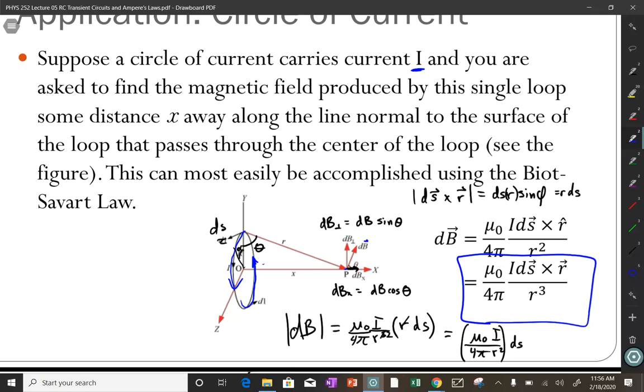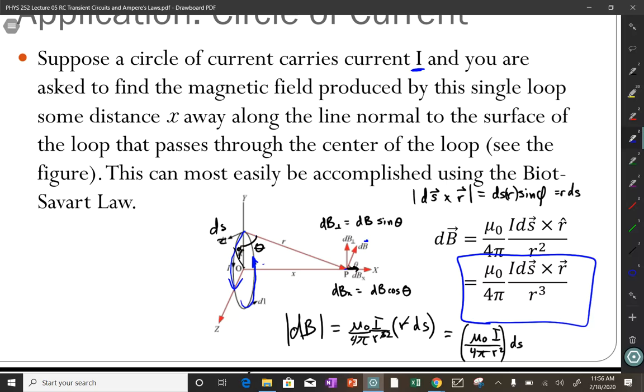But what we did was fundamentally the same process that we did when we used Gauss's law. First we found what dB was, just like we found what dB was. Then we broke it into components. Then we integrated components separately. And we had our answer. So the process is fundamentally the same. The application, not so fundamentally the same.